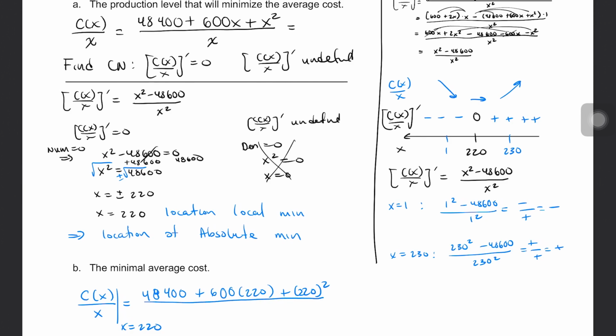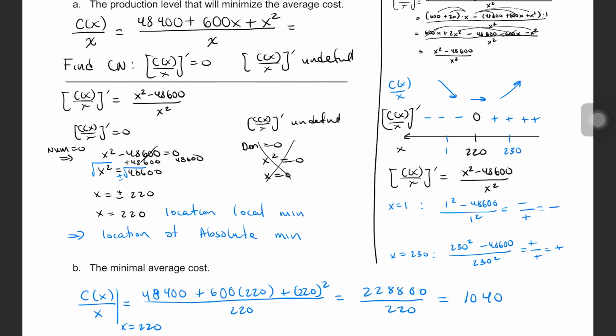And once you put it there, you're going to end up getting something like 28,800 over 220, which comes out to be 1040.